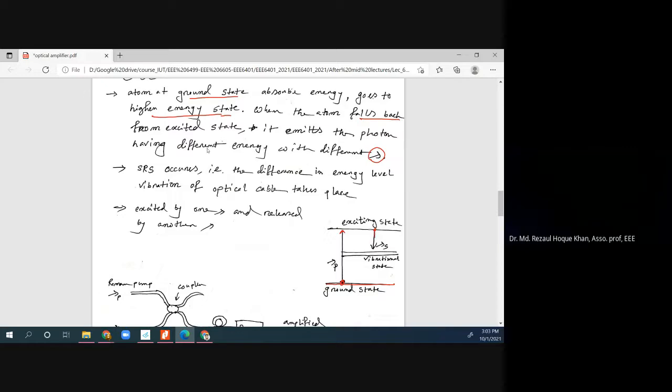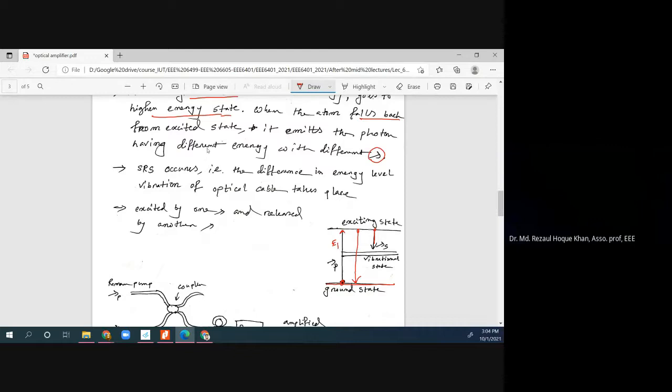Now in a laser, what happens? In a laser, from the exciting state, the atom falls completely, which does not happen for an amplifier. What happens then? For example, here the first energy is E1. When it falls back from the exciting state, the energy is E2.